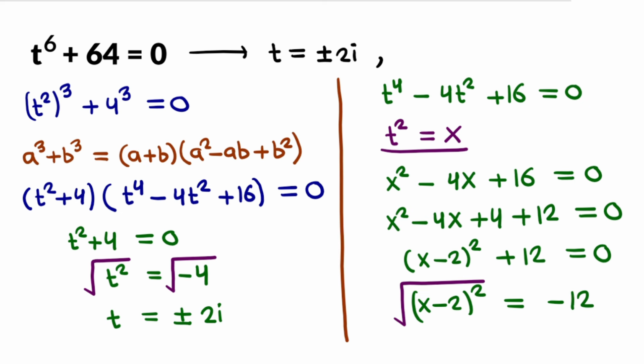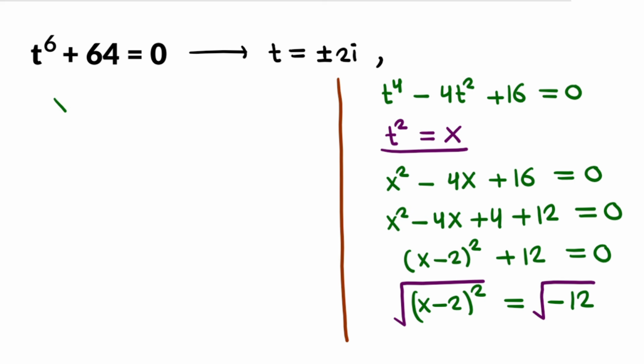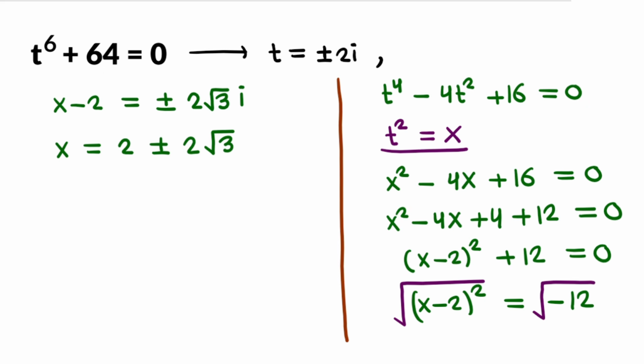Now take the square root of both sides. x minus 2 equals plus or minus 2 times the square root of 3 multiplied by i. Add 2 to both sides, and we get x equals 2 plus or minus 2 times the square root of 3 times i.